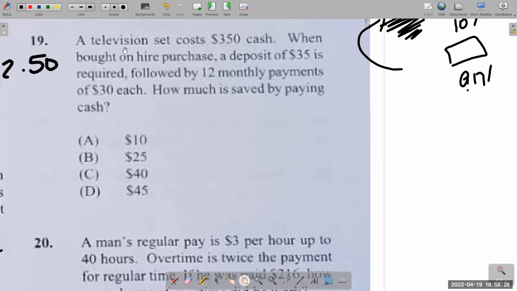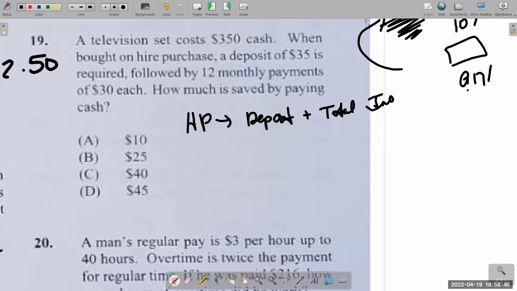All right. A television set costs $350 cash. When bought on hire purchase, what do we remember about hire purchase? What two things does hire purchase have? Hire purchase has one, the deposit or the down payment, right? Plus total installments. And we should remember what the total installment means. It means the money that we pay every month for a certain amount of months, right?